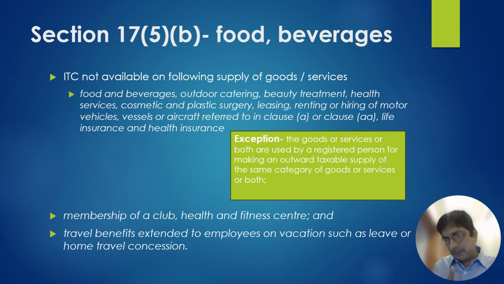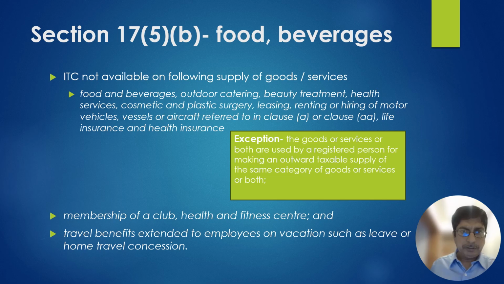If you properly see this, what is happening on these items? The VAT chain comes to an end on these items. It means these items or services are consumed and there is no further supply.